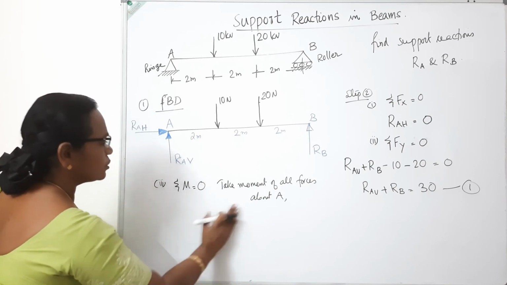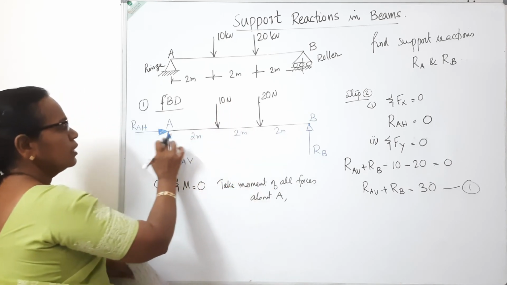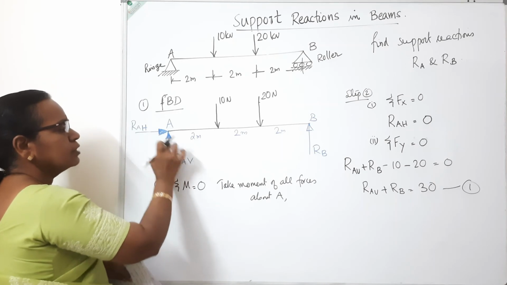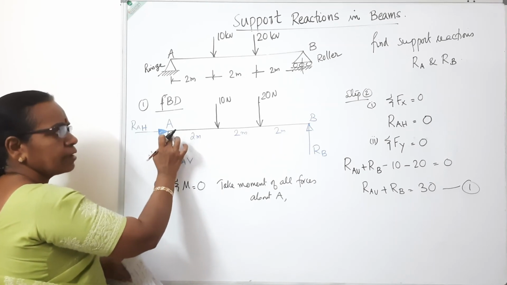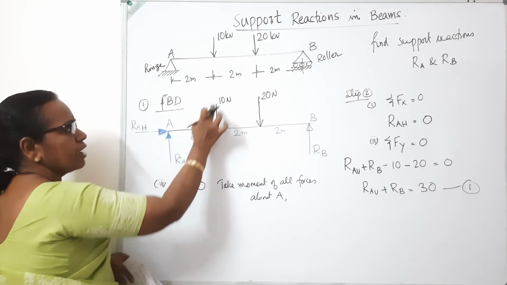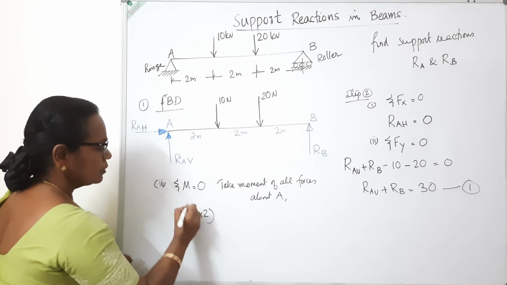What about the moment of this 10 about A? RAH and RAV are passing through A, so these two components will not have any moment about A. Then 10 Newton: 10 into perpendicular distance, force into distance, 10 into 2.